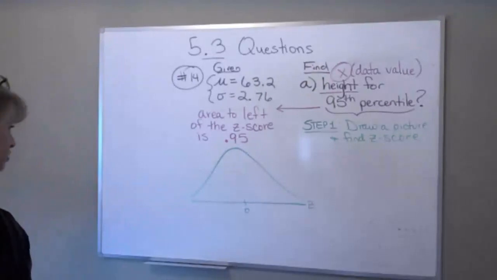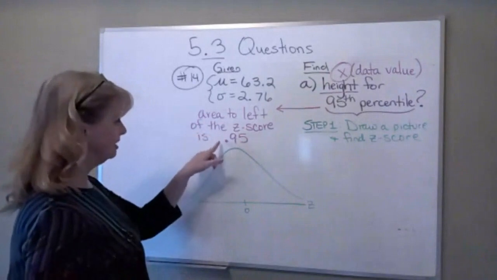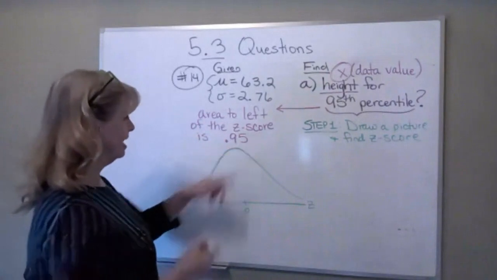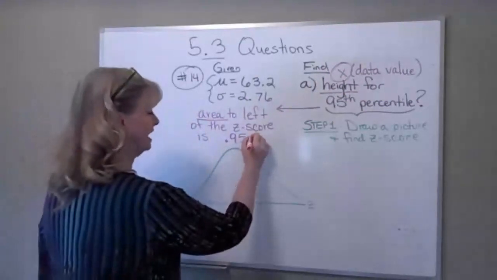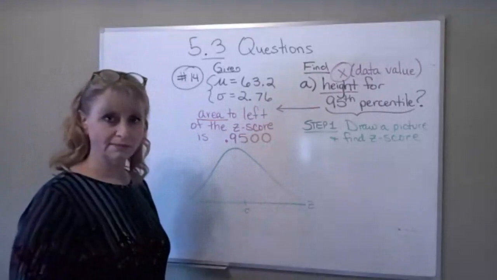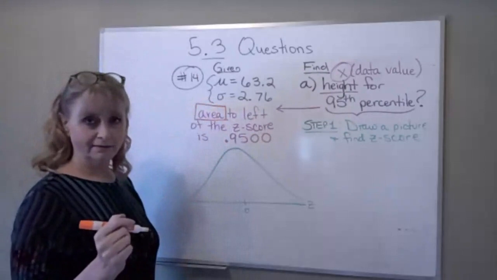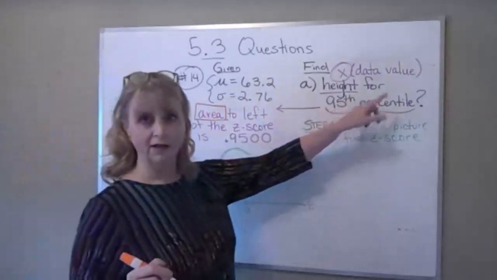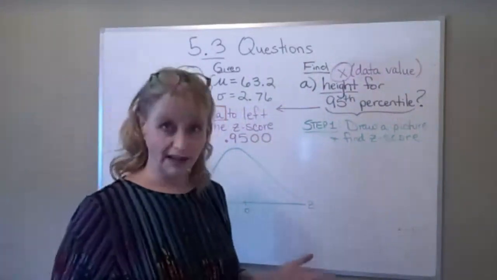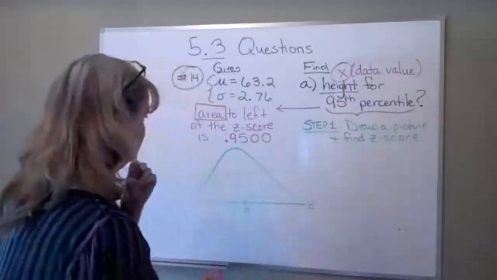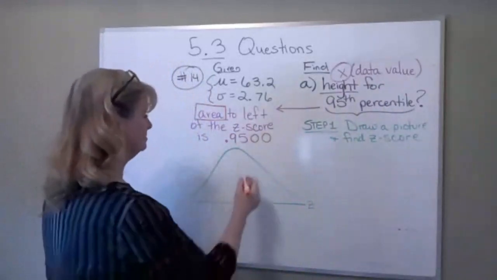Next, I'm going to put the given information. The only thing they told me is that they want the area to the left of the z-score to be 0.95. This is area. Let's make it look like area. Our areas have 4 decimal places. So let's make that 0.9500 because it is area. And when they give you a percentile, they're telling you the percent to the left, which means the area to the left. Okay? So, since that is bigger than half, that means it's going to be a positive z.